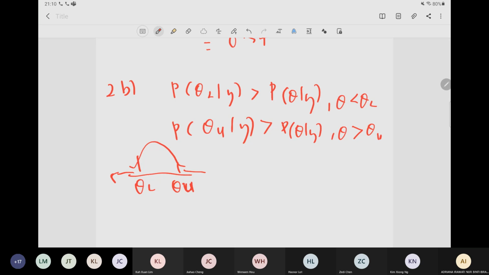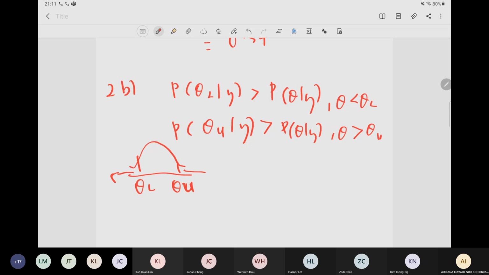For theta bigger than theta U, the density, not the probability, the density at theta U should be bigger than the density of theta.